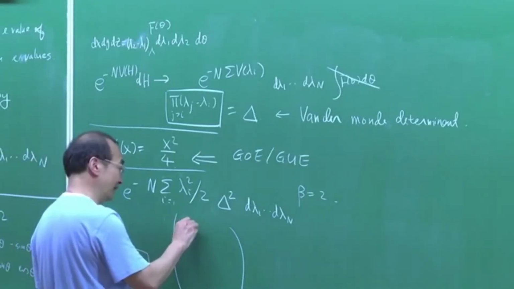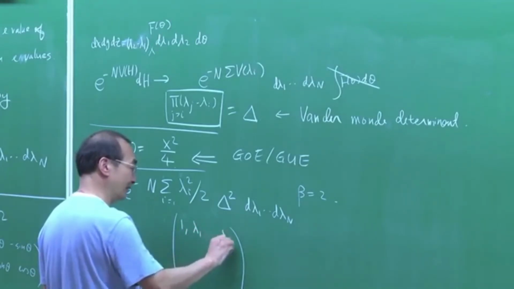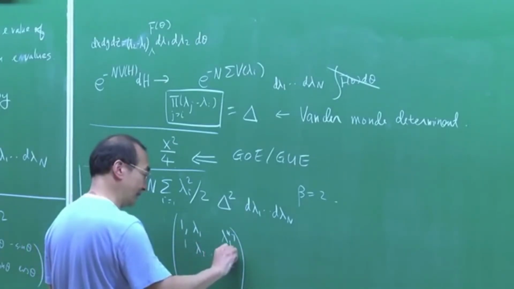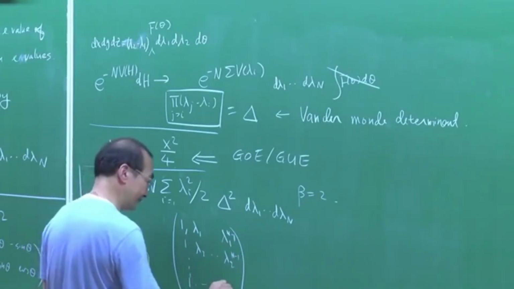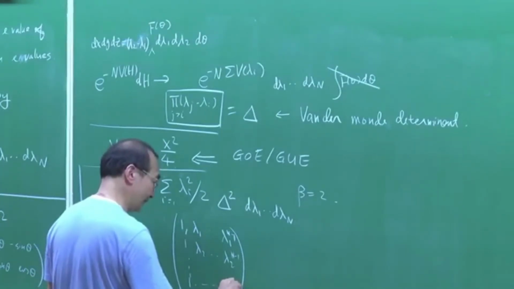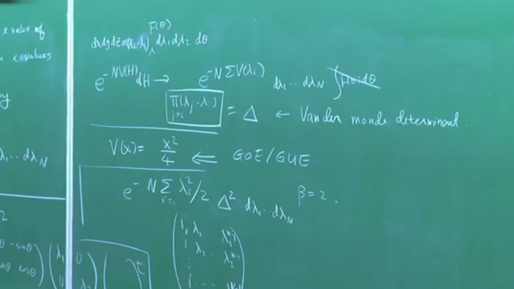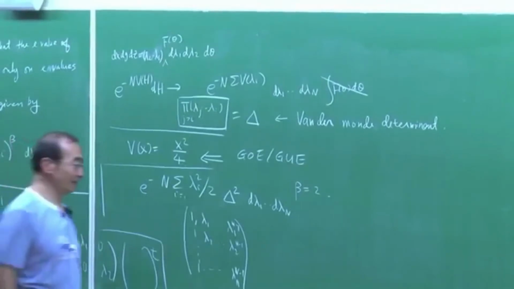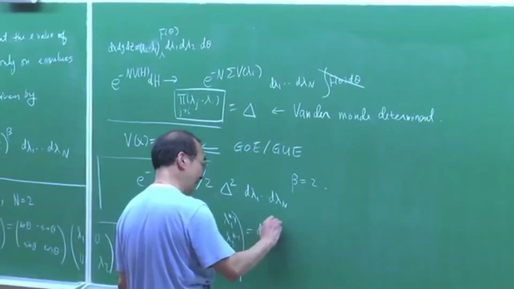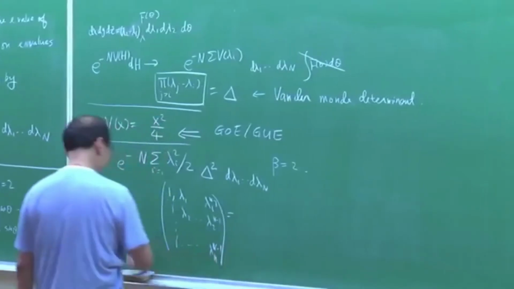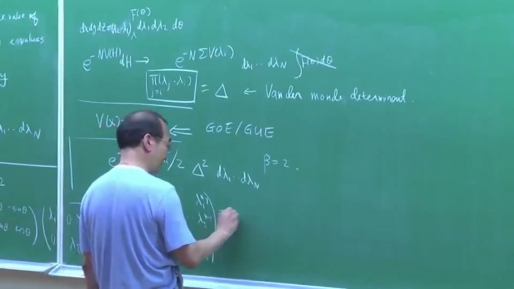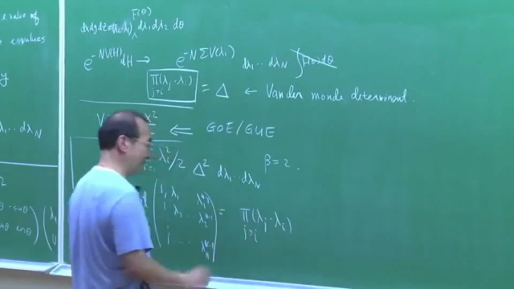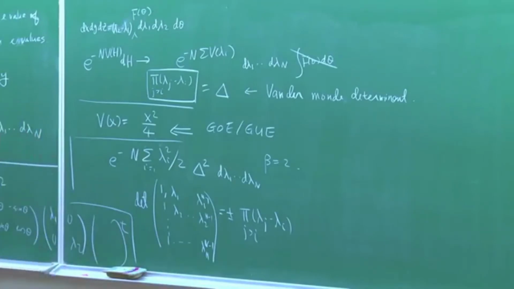If you take 1, lambda 1, up to lambda 1 to the n minus 1, and 1, lambda 2, up to lambda 2 to the n minus 1, and so on to lambda n to the n minus 1, and you compute this determinant, I don't know, have you ever done this? This determinant of this matrix is equal to the product of lambda j minus lambda i, j bigger than i. I think there's some plus or minus 1, which I don't quite remember.